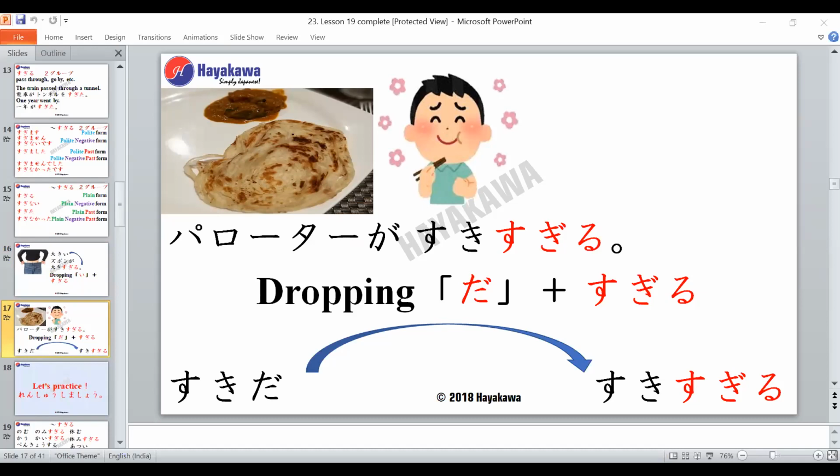How do we change it from suki da to suki sugiru? Dropping da and adding sugiru. Very good, Siddharth-san. So you just drop da and add sugiru. That's how we use it with the keiyoushi as well, when you want to say too much or excess. Okay, any doubts over here?